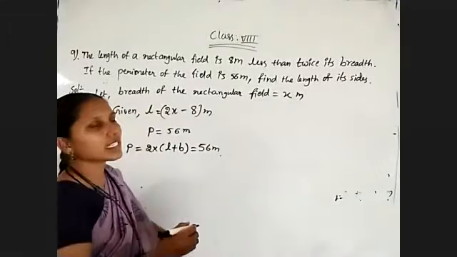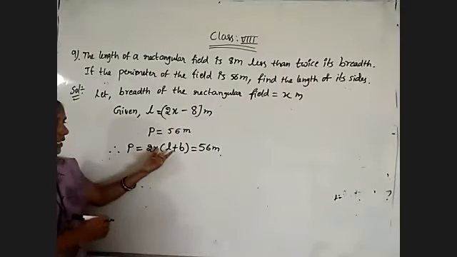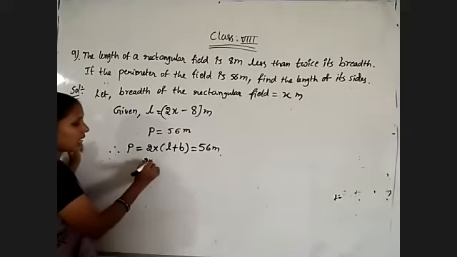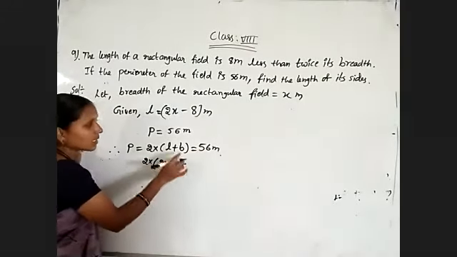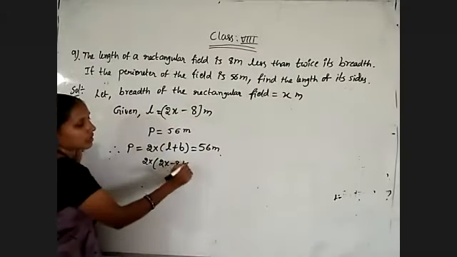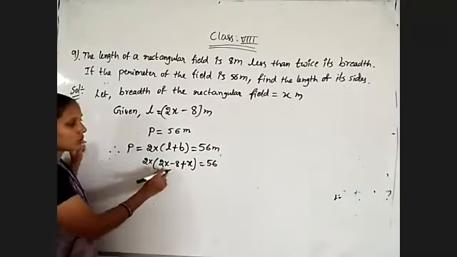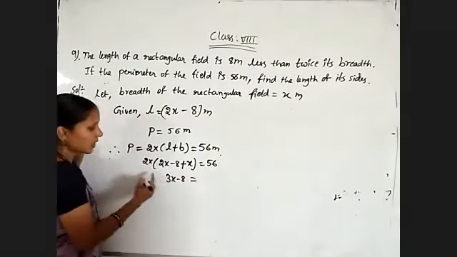The sides of the rectangle are length and breadth, so we need to find their measurements. So 2 into (L value 2x minus 8, plus B value x) is equal to 56.